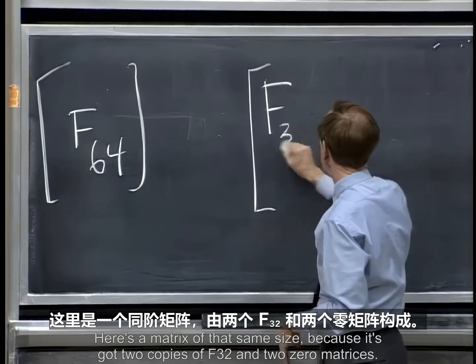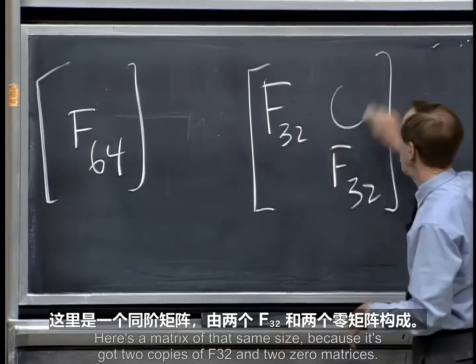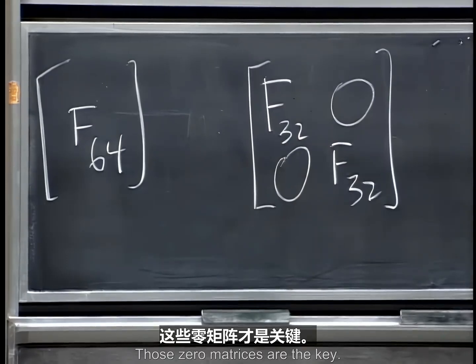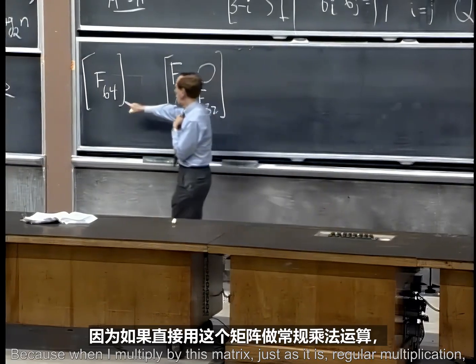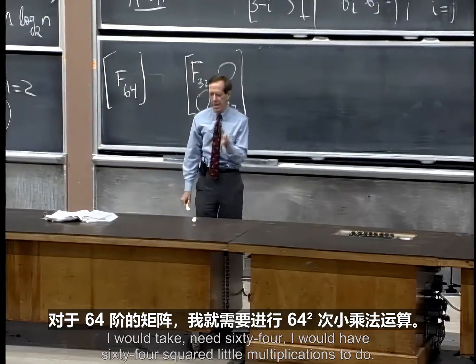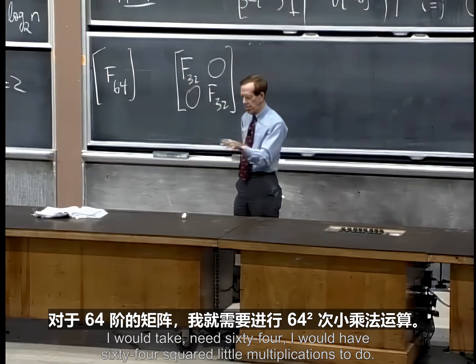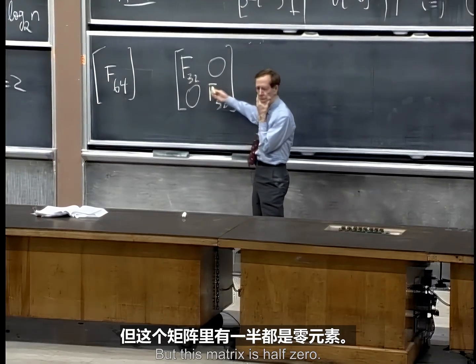Here's a matrix of that same size because it's got 2 copies of F32 and 2 zero matrices. Those zero matrices are the key. Because when I multiply by this matrix, just as it is, regular multiplication, I would have 64 squared little multiplications to do. But this matrix is half zero.